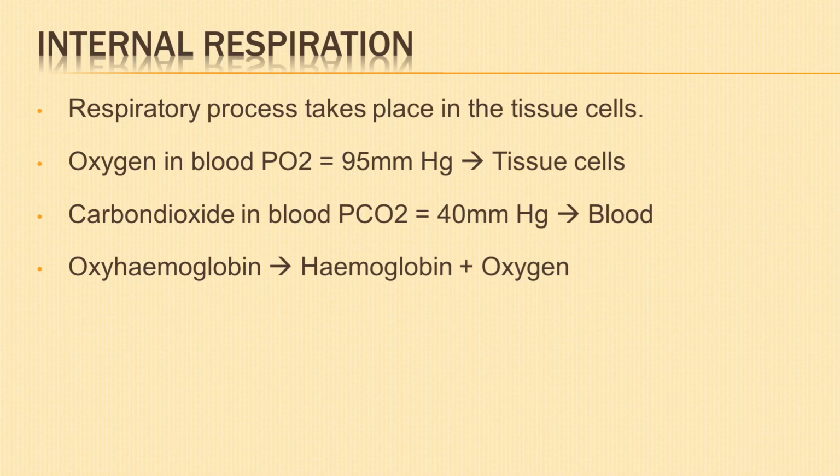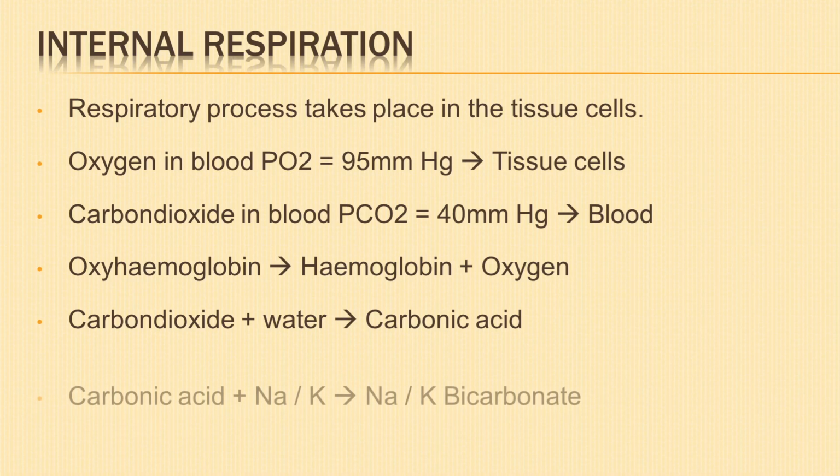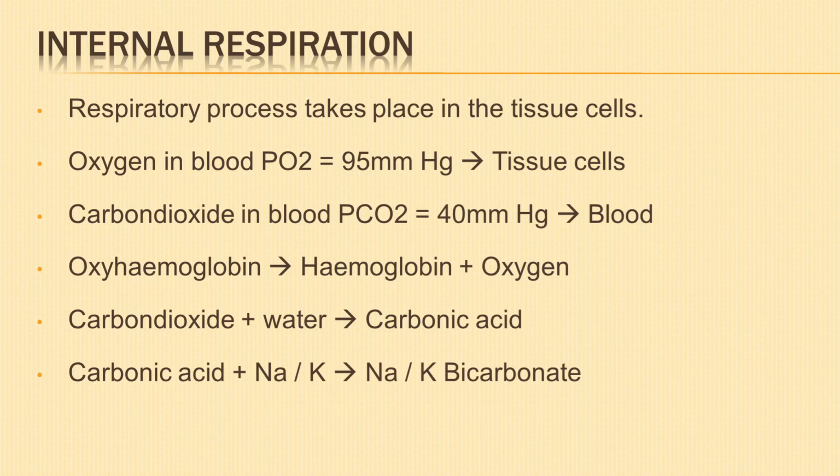Oxyhemoglobin breaks up to form hemoglobin and oxygen. Carbon dioxide dissolved in the water forms carbonic acid. Carbonic acid reacts with sodium and potassium and gets converted into sodium and potassium bicarbonates respectively.